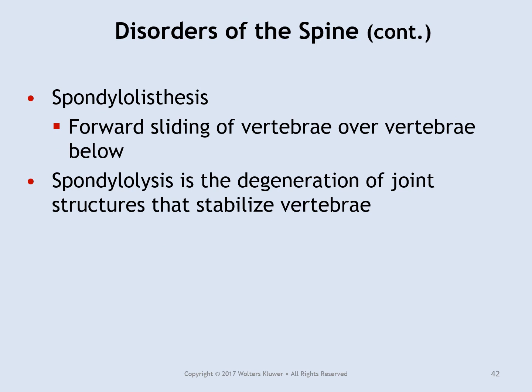And these are less common terms. Spondylolisthesis is a forward sliding of vertebrae, and that will cause a pinching of the nerves and a lot of pain. And spondylolysis is the degeneration of the structures that are stabilizing the vertebrae, and they slip around willy-nilly, for lack of a better term, and cause a lot of pain and instability.